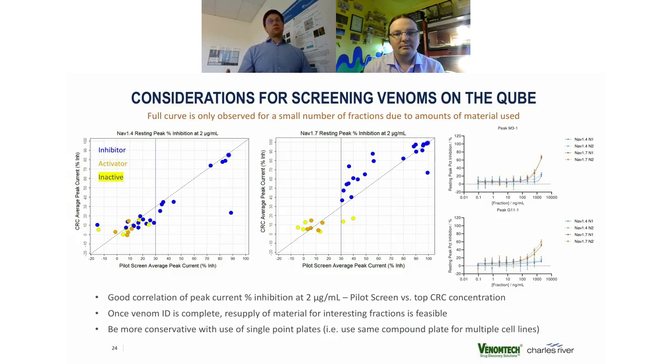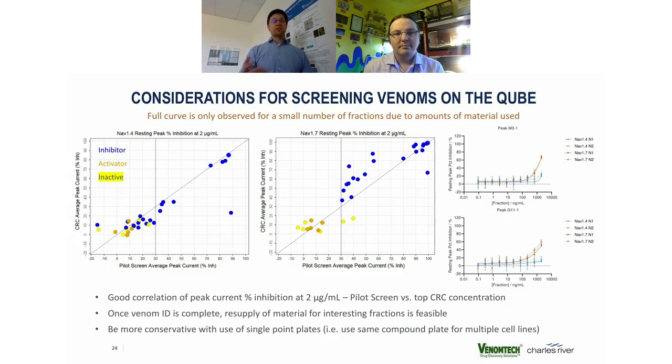Now, because of the amounts we used, we weren't always able to get a full concentration response curve. We didn't see a plateau of the activity. However, once the venom's been ID'd, it's completely possible to then get more material for testing at a higher concentration. So that's no different to any small molecule drug discovery project.